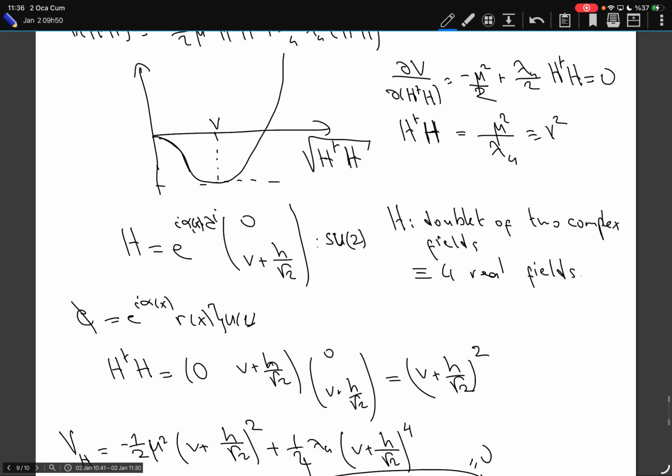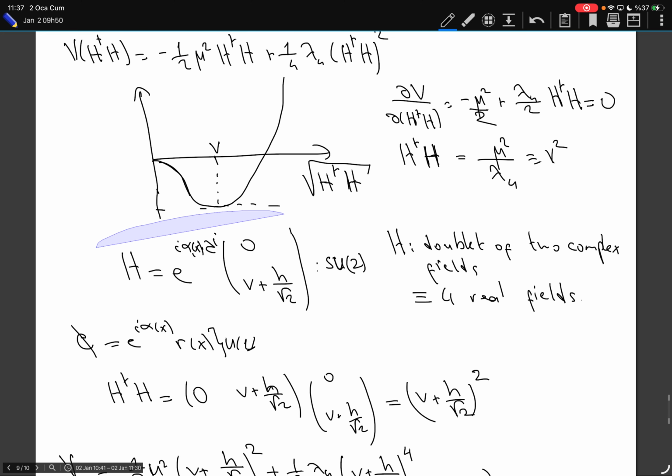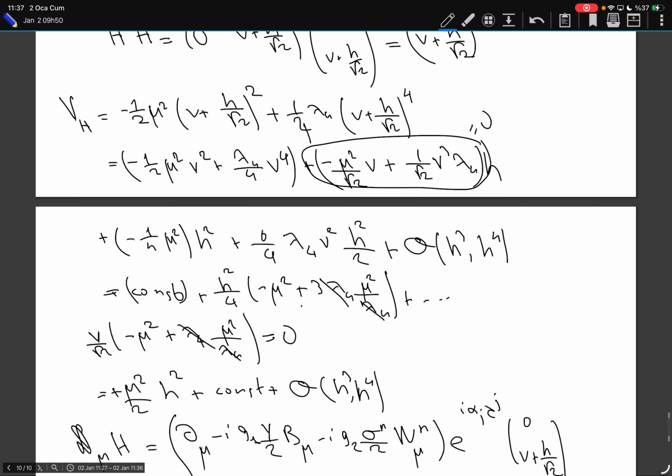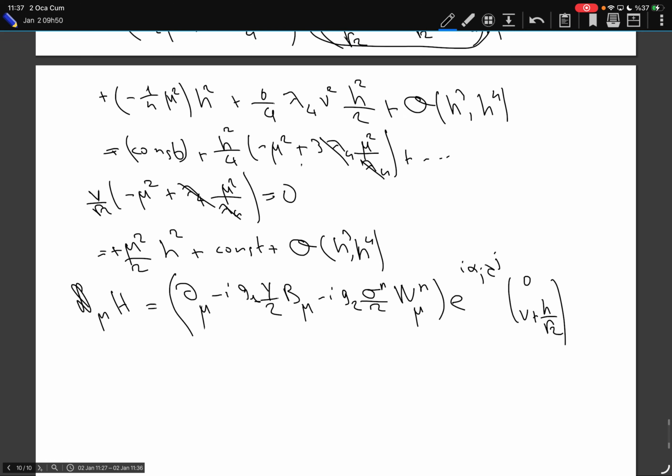Now, when I write my Higgs doublet in this form, I'm not assuming anything. This is just a general parametrization of a doublet in SU2. Every doublet H I can write in that form. But remember, I have a gauge symmetry. I can make a gauge transformation. Well, this just looks like a gauge transformation.